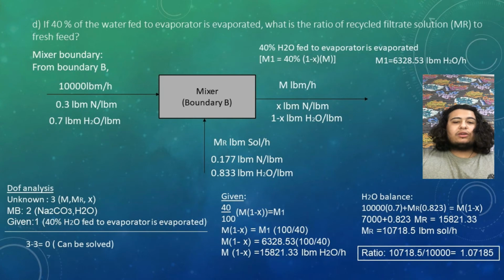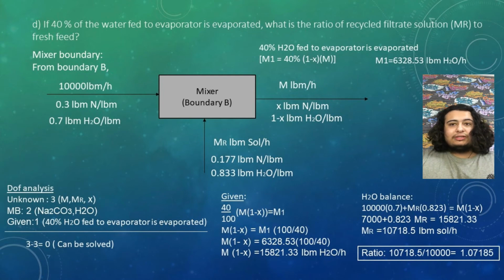So m multiplied by 1 minus x equals m1 multiplied by 100 over 40, which is 6,328.53 multiplied by 100 over 40. So the answer is 15,821.33 lbm H2O per hour.